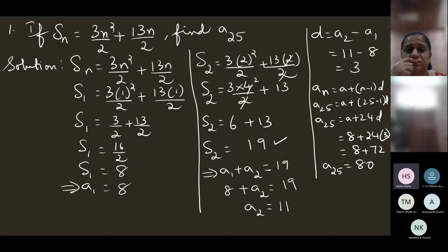Ma'am, after that 3 into 4 square, how did it come? No, I didn't write 4 square. I've cancelled. What I've written is S2 is equal to 3 into 4 by 2. Then I've simplified. 2 ones are 2, 2 twos are 4. Correct?